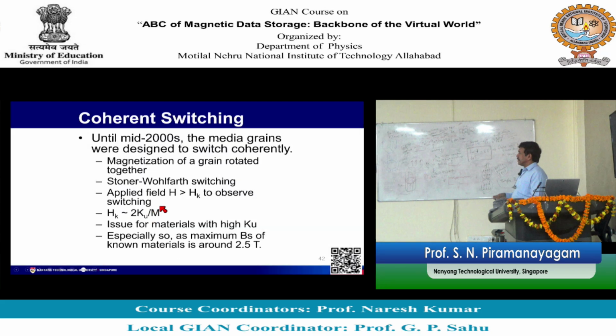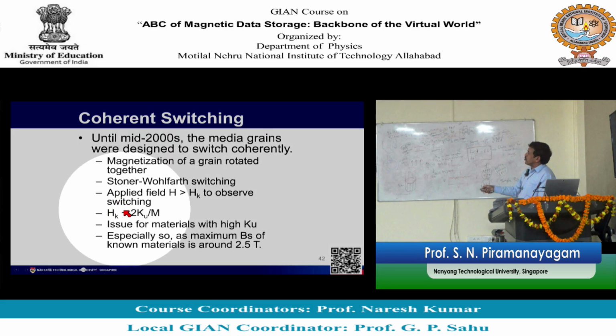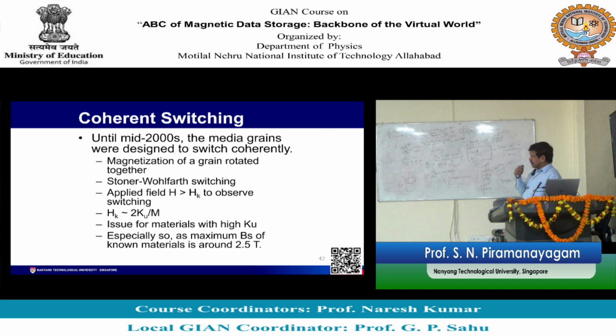Okay. So, the field you apply has to be larger than Hk, only then you can switch the magnetization. Okay. So, as I told you before, the maximum Bs that we know of materials is around 2.5 Tesla, but when you make a head you will get something like 1.5 Tesla. So, Hk cannot be more than 1.5 Tesla. So, there is a limit.